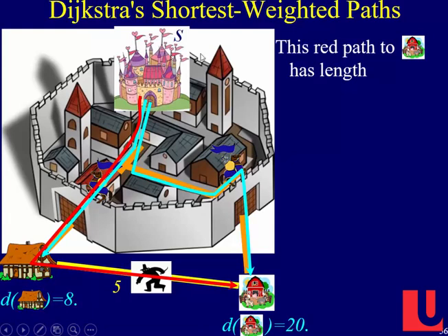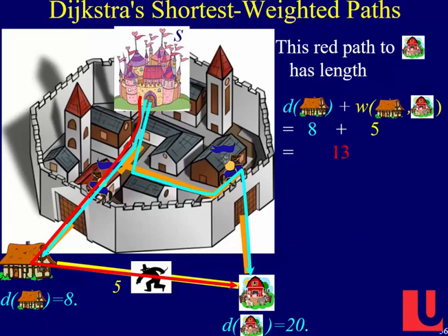And everybody would say, well, this is 8 plus 5 is 13. They would say it was 13. And that would be wrong, right? Everybody see that the shortest handled path, there's only one handled path, and it's 20? All right?